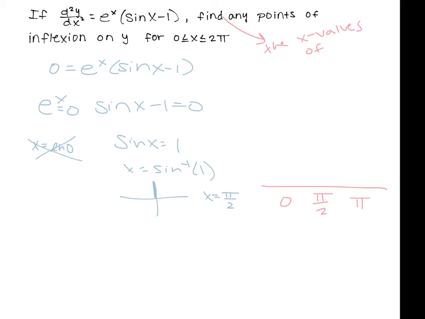So we're going to plug into our second derivative, e to the 0 times sine of 0 minus 1. E to the 0 is 1. Sine of 0 is 0. So 1 times negative 1. So that is a negative second derivative, meaning that it is concave down.